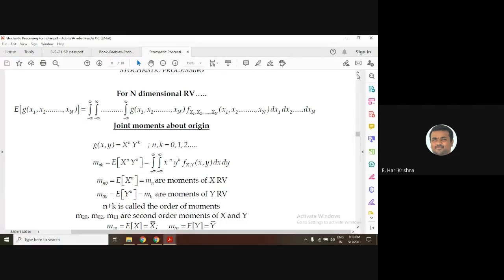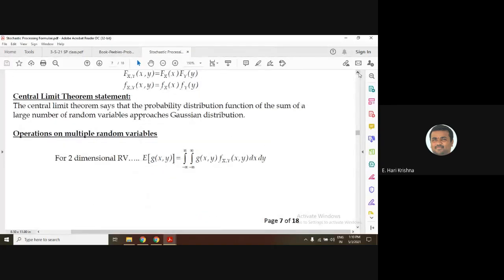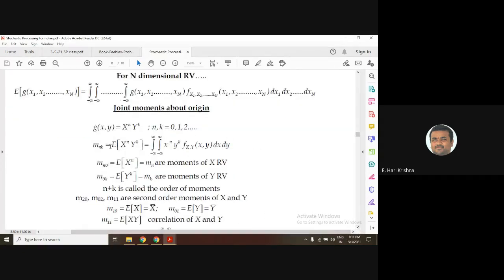The expectation of g of x y is equal to the integral from minus infinity to plus infinity, minus infinity to plus infinity of g of x comma y, because it is a joint random variable, the joint probability density function f x y of x comma y, dx dy. So m n k is equal to expectation of x power n y power k.